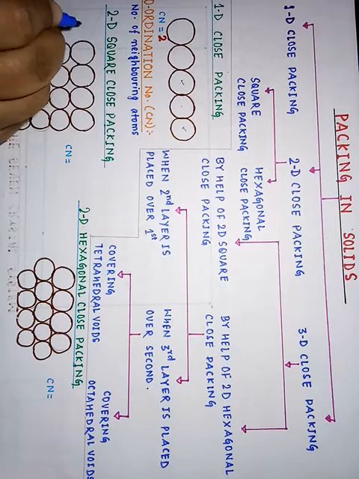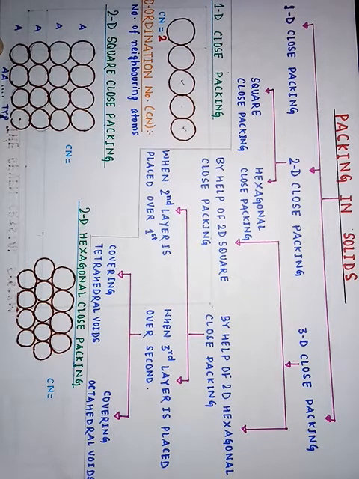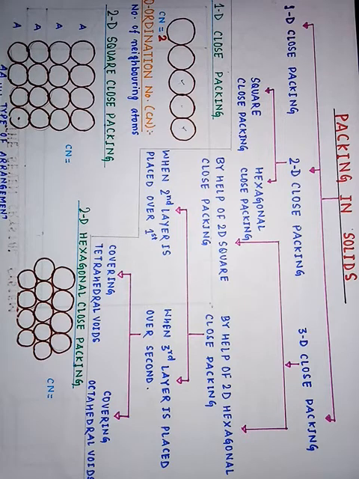So we have all AA type of arrangement. The atoms are arranged in the layers in the form of AA type of arrangement, similar type of arrangement.